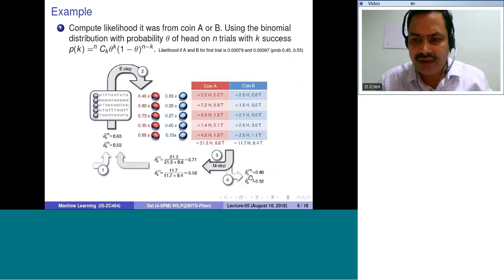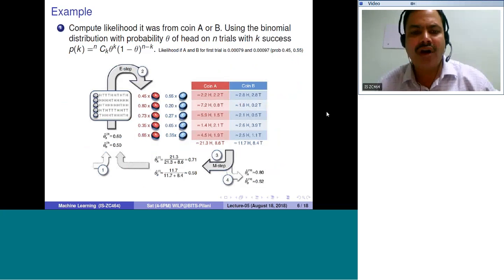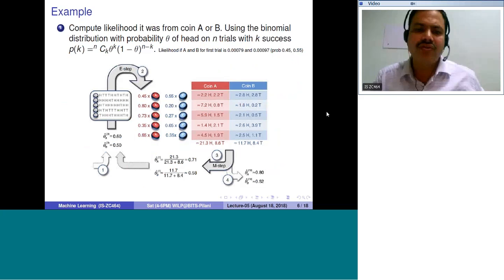Initially we initialize with some random guesses, then for all the hidden trials we associate the coin with respect to their probabilities, then find the cumulative weight that they gain, and at the end find the summation and get the probabilities. So this is the overall scenario.